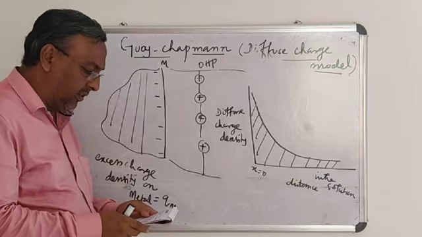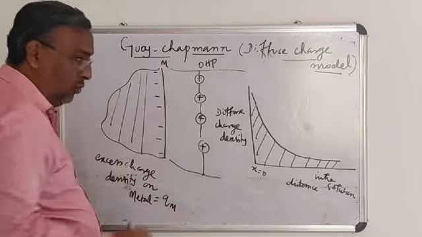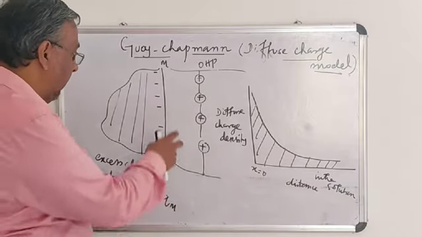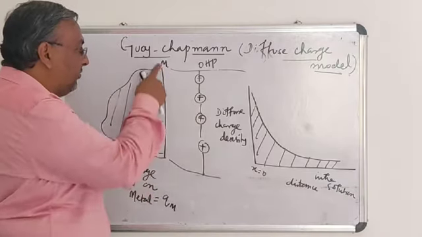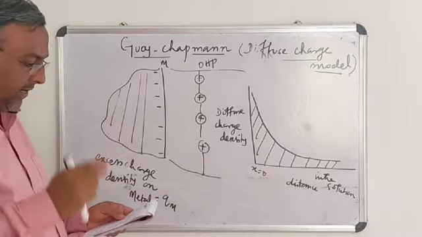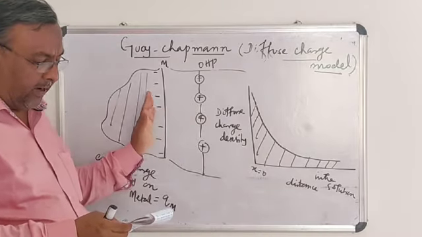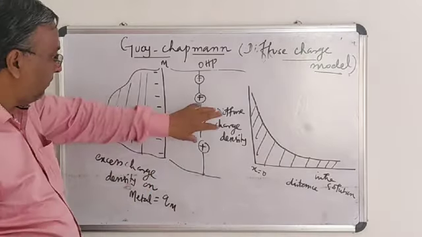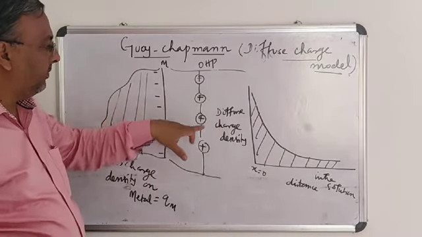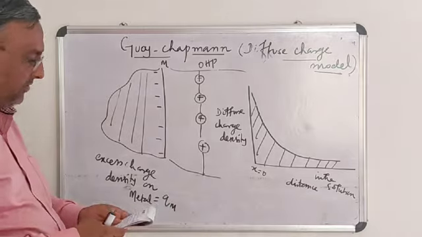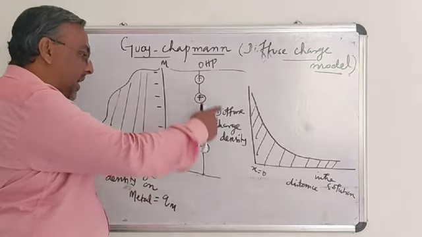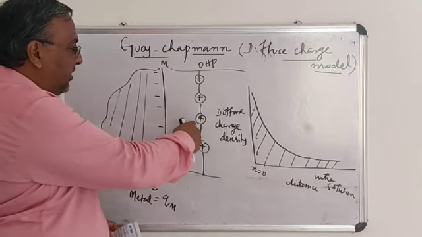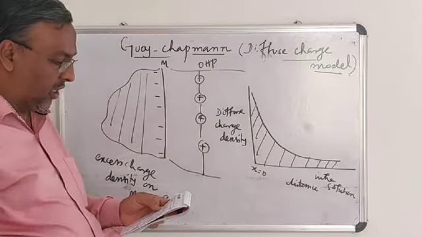And what happens? Every central ion produces a symmetrical field, and the electrode behaves like an electrical infinite plane having a planar symmetry. Because of the ionic atmosphere, there is a spherically symmetrical field in the diffused charge.